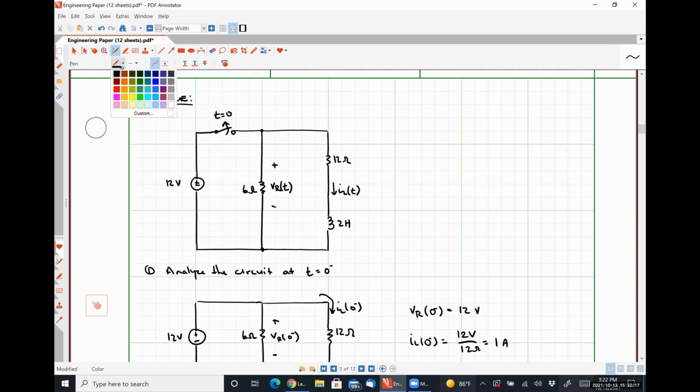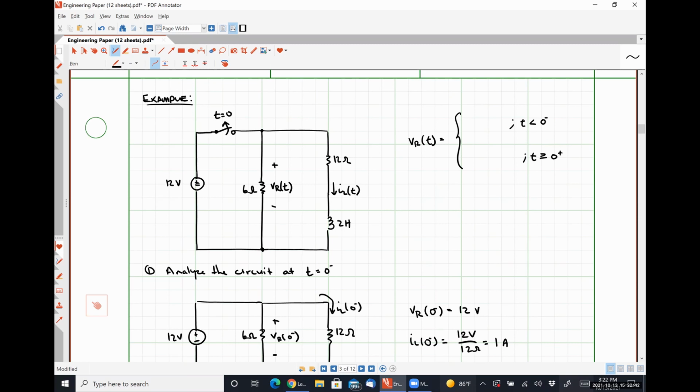We know that our resistor voltage, v of t, will have some value when t is less than 0, and it will have some different value when t is greater than or equal to 0. So 0 minus here, and I'll put 0 plus here, okay?